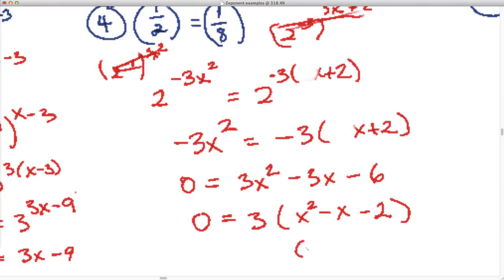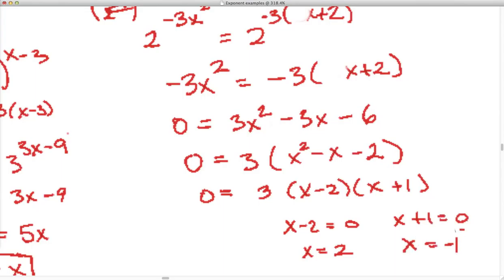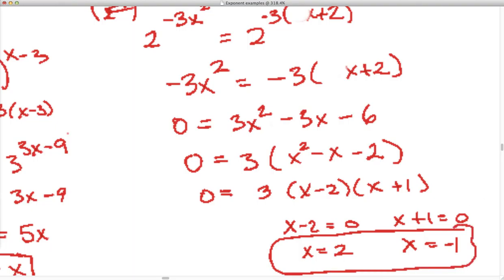And then this factors into x minus 2, x plus 1. So 3 will never equal 0, but x minus 2 will equal 0. So x equals 2, if you add 2 to both sides. And x plus 1 equals 0, so x equals negative 1. So those would be your 2 answers, okay?